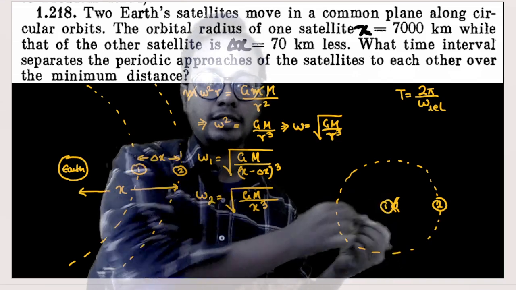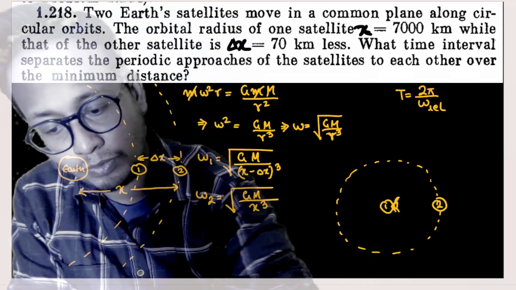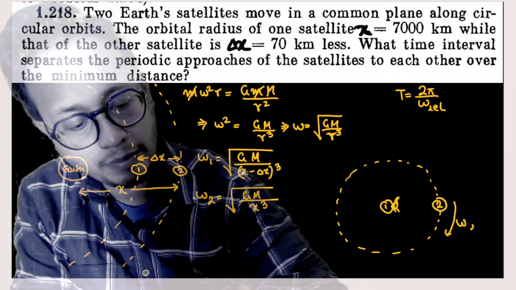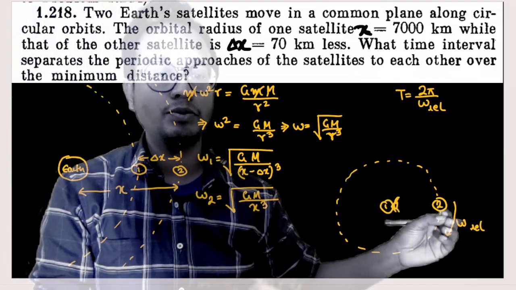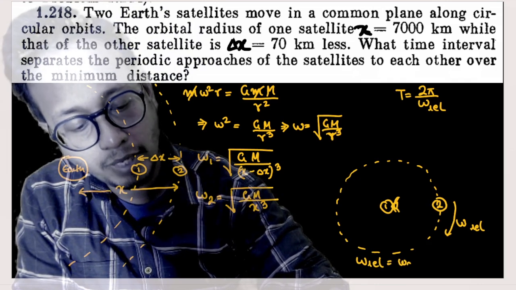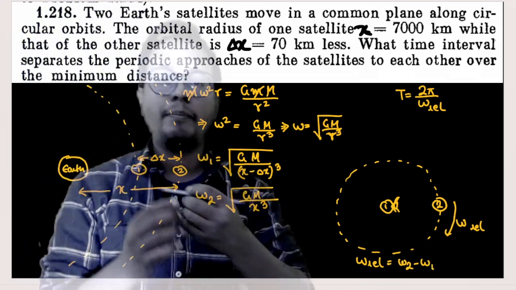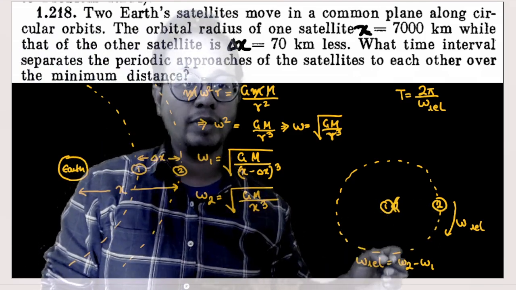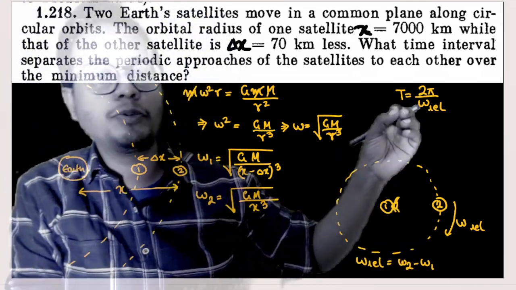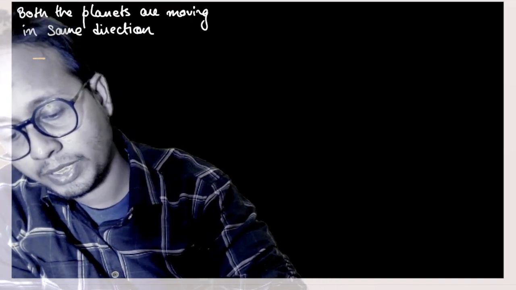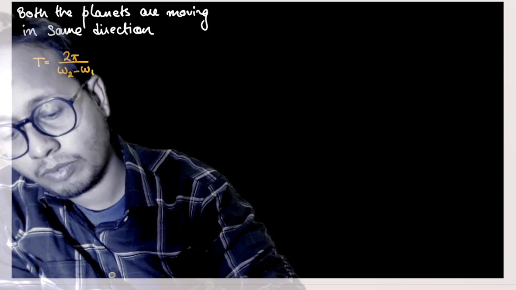So the angular velocity of satellite 2 out here is nothing but the relative angular velocity as seen by satellite 1. And the relative angular velocity of satellite 2 as seen by satellite 1 is omega relative, which is nothing but omega 2 minus omega 1. That means when the satellites are moving in the same direction, the angular velocity of satellite 2 with respect to 1 is omega 2 minus omega 1. So the time period would be T is equal to 2 pi by omega 2 minus omega 1.